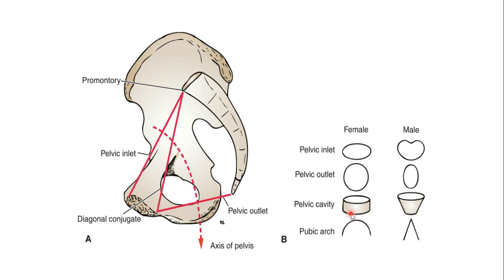The pelvic cavity is roomier in the female than in the male, and the distance between the inlet and outlet is much shorter. Aside from that, we also have the subpubic angle or the pubic arch. The pubic arch is more rounded in females, compared to males, which is narrower.